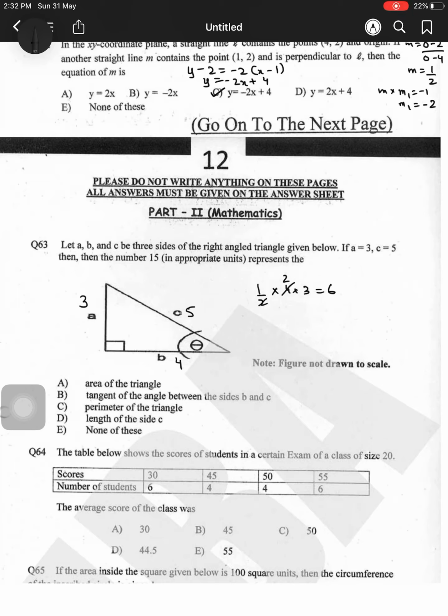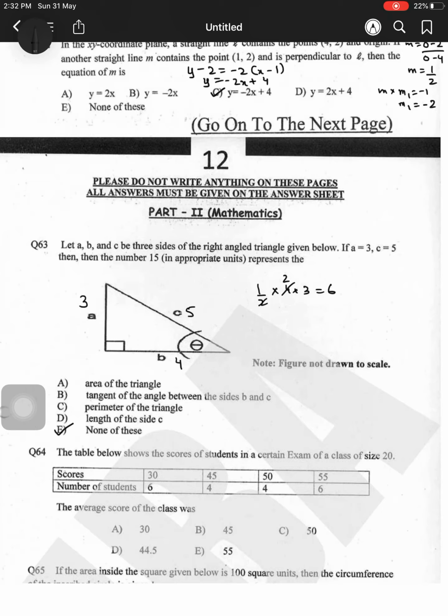So that cannot be the answer because it says what the number 15 represents in this question, and it doesn't represent that. It does not represent tangent. It cannot be perimeter because 5 plus 4 plus 3 gives us 12, not 15. It cannot be the length, so we are left with the option of E.